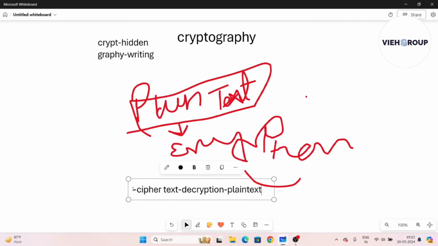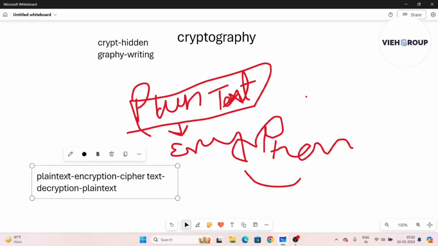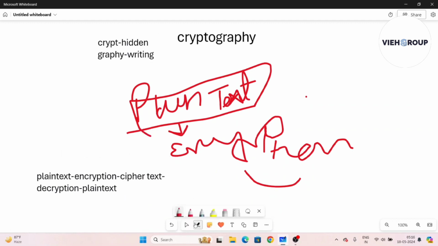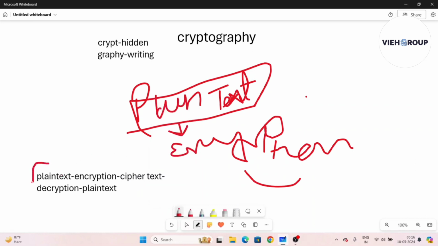So there is a plain text, which is a readable format.